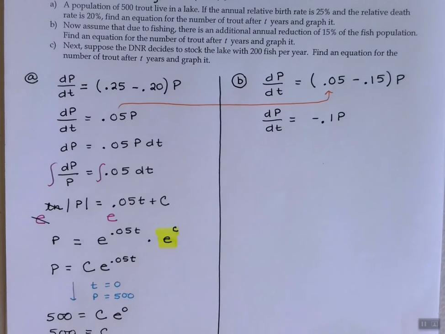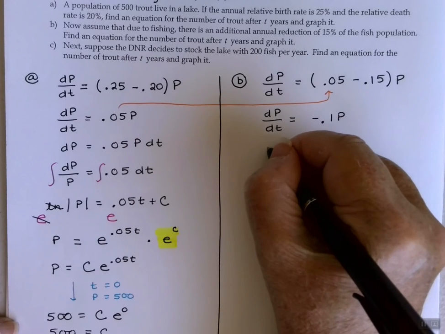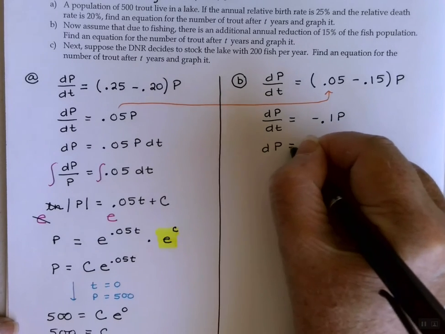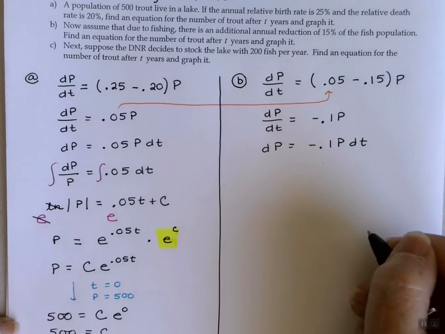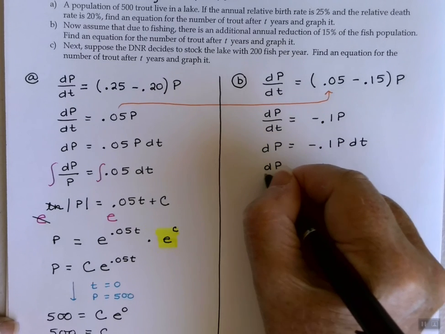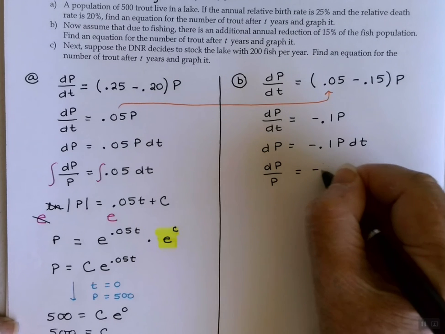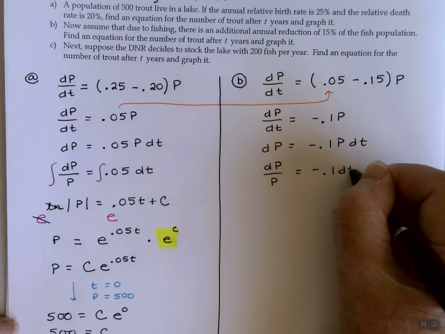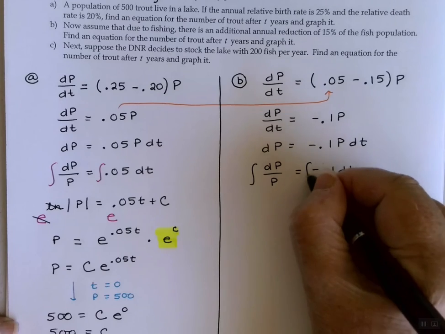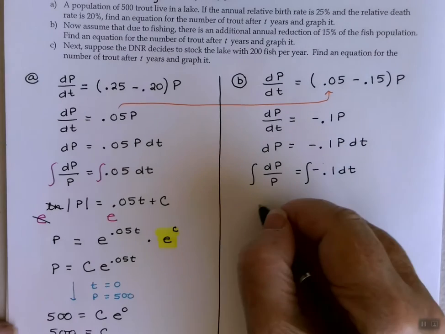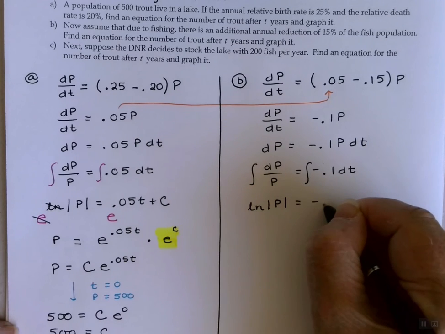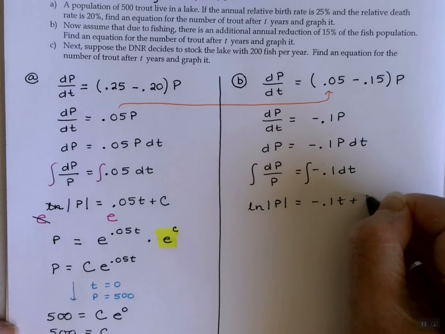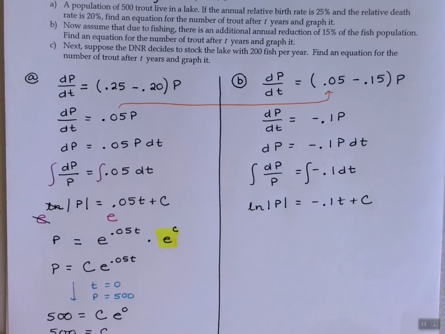From there on, the solution process looks almost identical, so I'm going to run through it kind of quickly. dp would be negative 0.1p dt. I'm going to divide out the p and integrate both sides. So I get the natural log p equals negative 0.1t plus c.